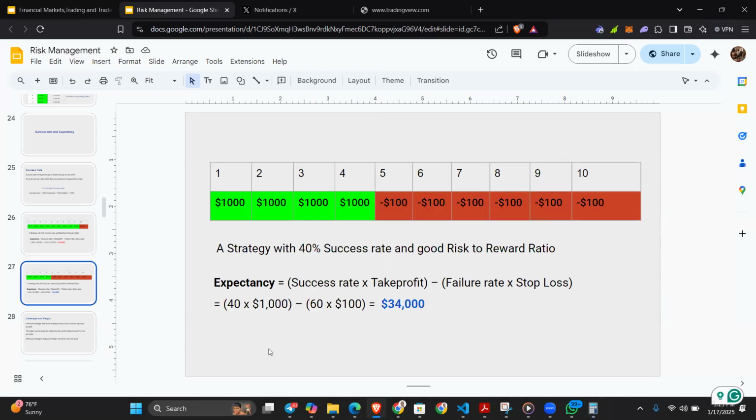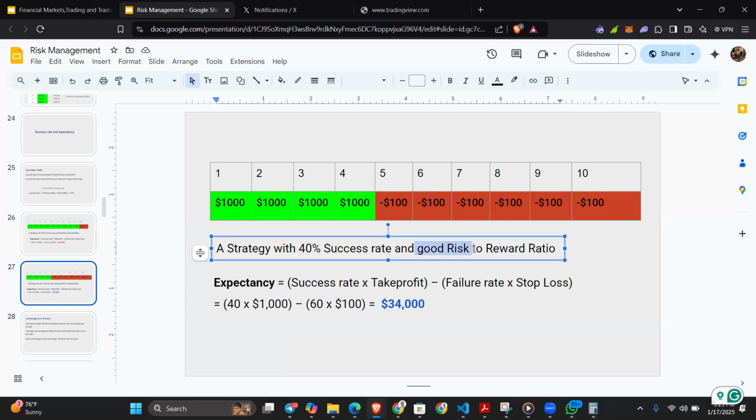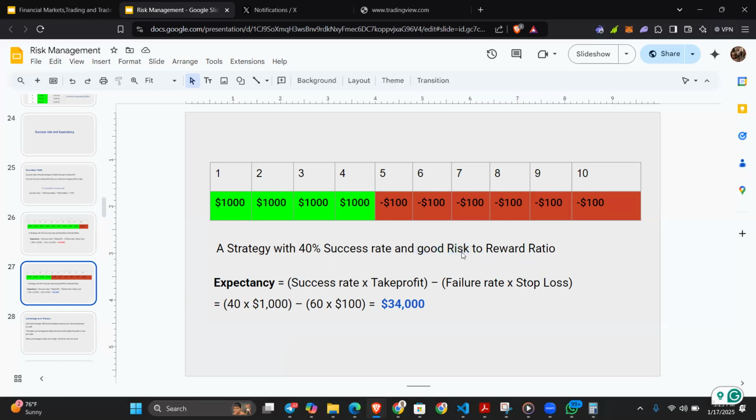Now let's look at another scenario. This is a strategy with a 40% success rate, but it has a good risk to reward ratio. Then at the end of the day, when you calculate the expectancy by taking the success rate times take profit minus the failure rate times stop loss, we are going to see that even though this strategy has a 40% success rate, it is a good strategy because it has a good risk to reward ratio.